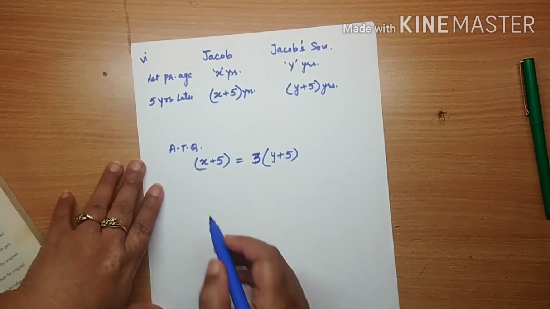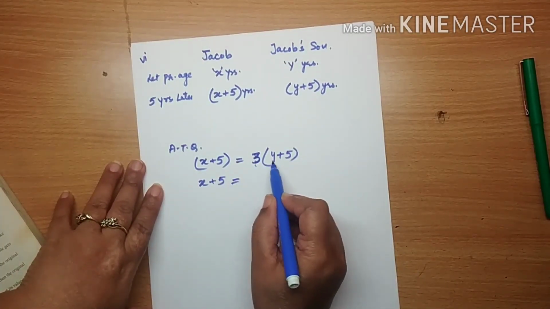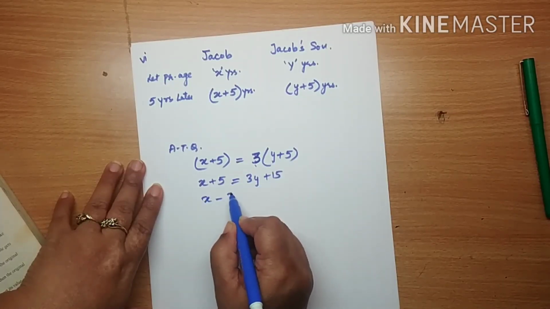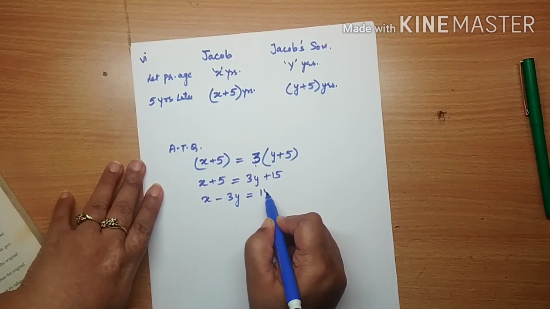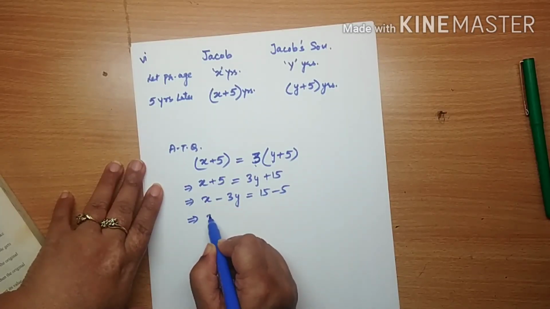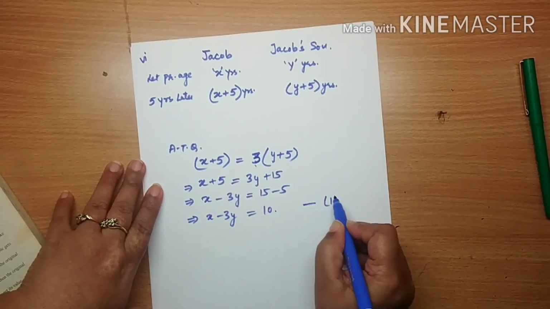So this is the relation. If I open the bracket and simplify, x plus 5 is 3 into (y plus 5), 3y plus 15. So I get x minus 3y is equal to 15 minus 5, which gives me x minus 3y is equal to 10. This is my equation 1.